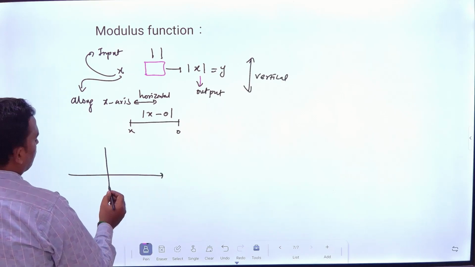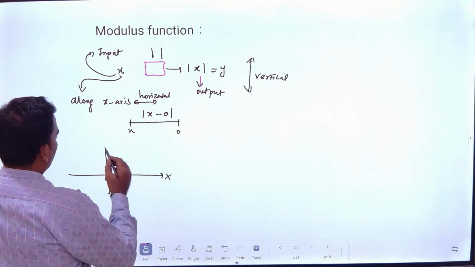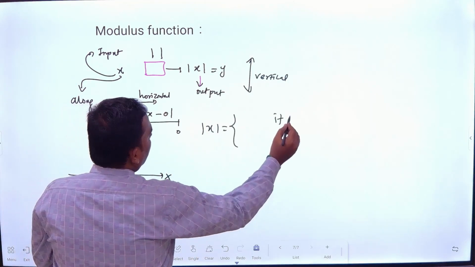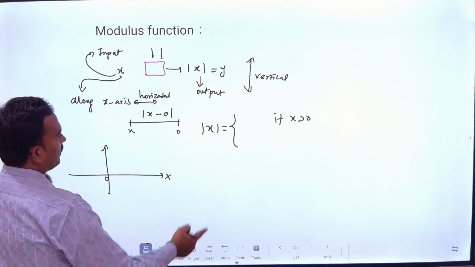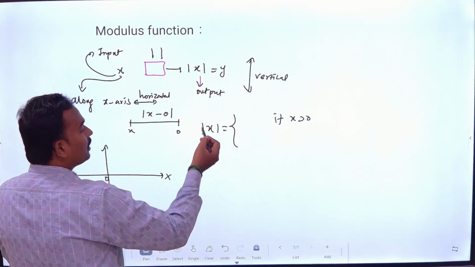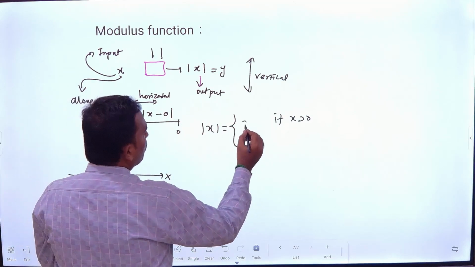If x is greater than 0, whatever positive number you take, let's take 1, 2, 3, if you apply the modulus, it will be the same number only.